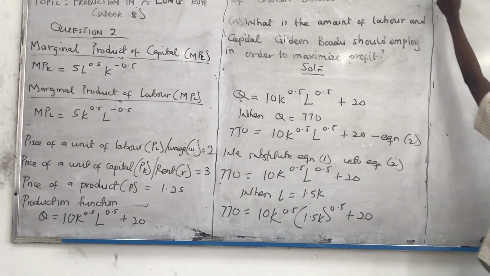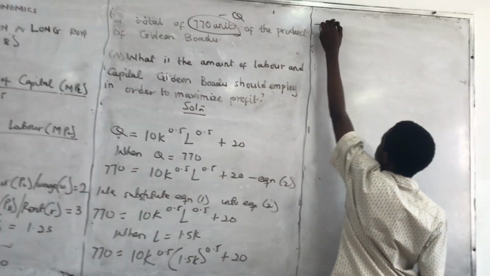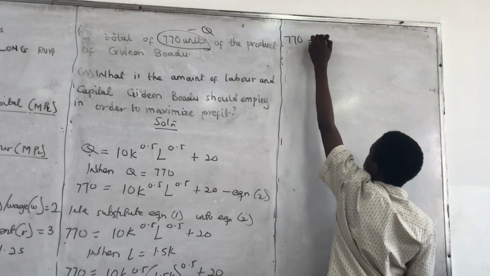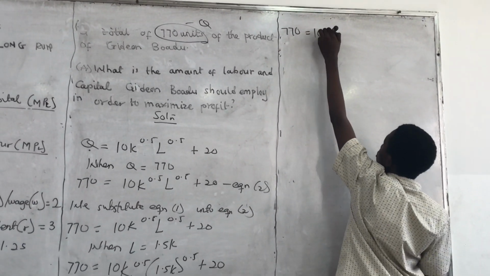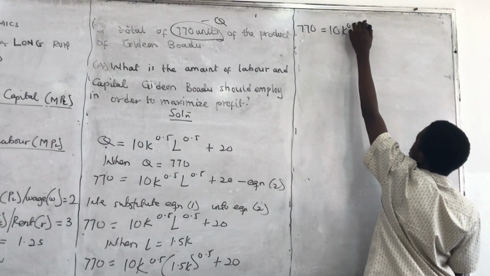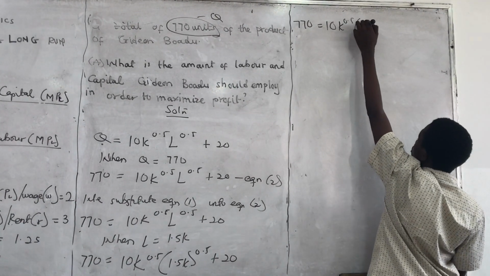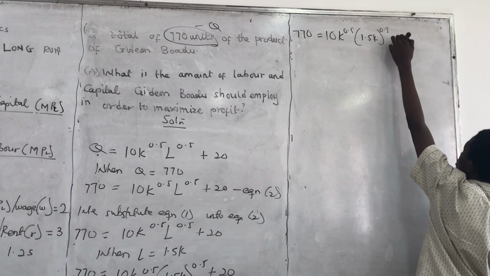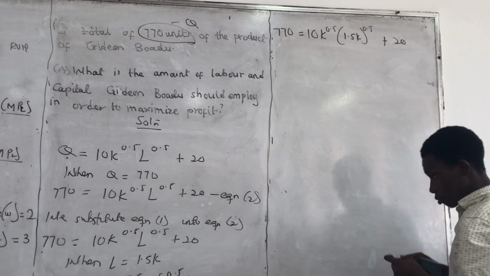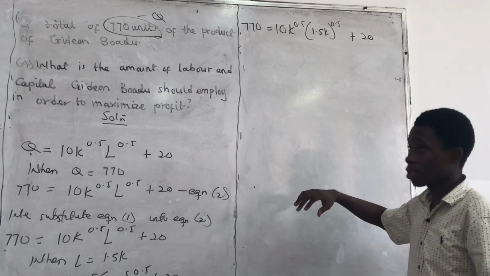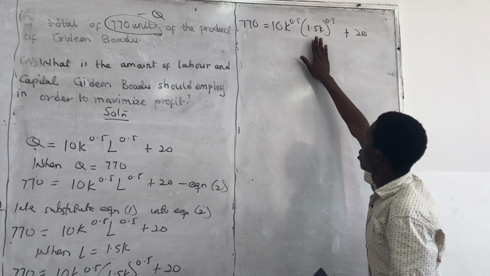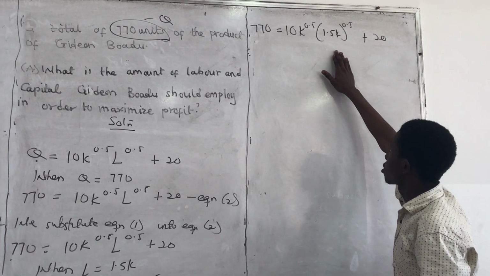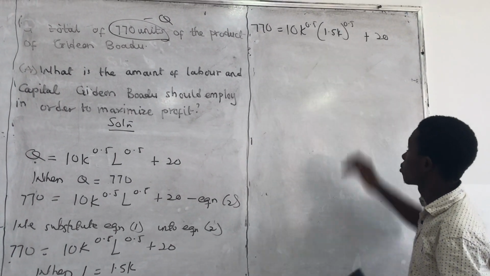So we solve this. We have 770. When you get to this point, take your time and check it very well. We have 1.5K in the bracket with an exponent of 0.5.